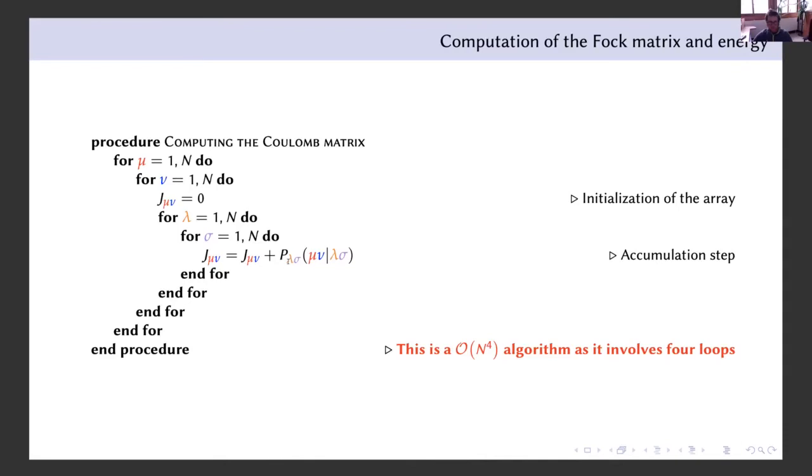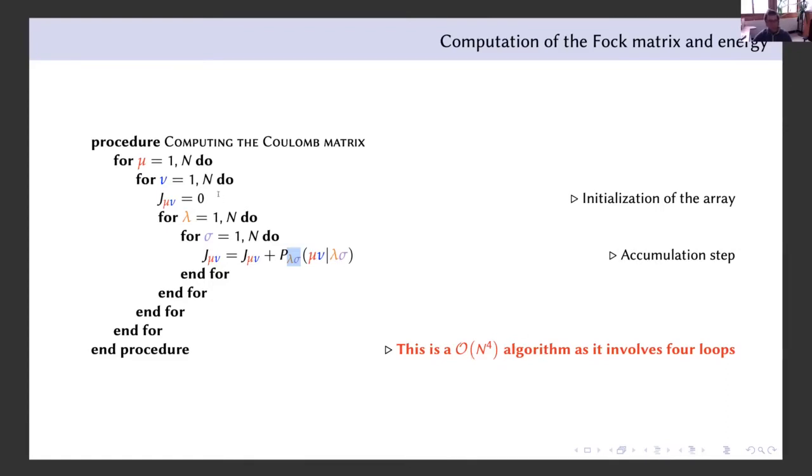I'm going to sum over lambda sigma, I'm going to sum on the 2 electron integrals. So in J, you see that you're contracting over the coordinates of electron 2, lambda sigma, and I'm going to get a 1 electron quantity. That algorithm is an n to the 4 algorithm.